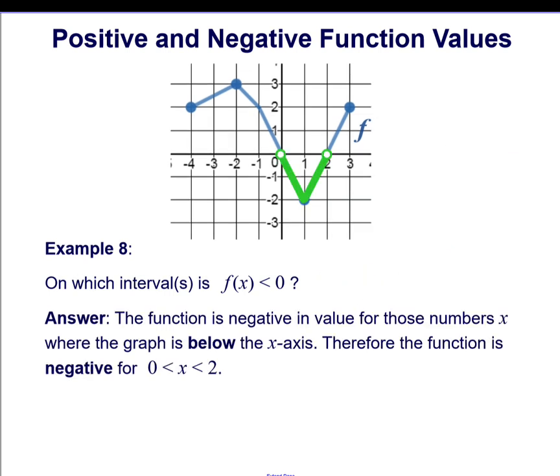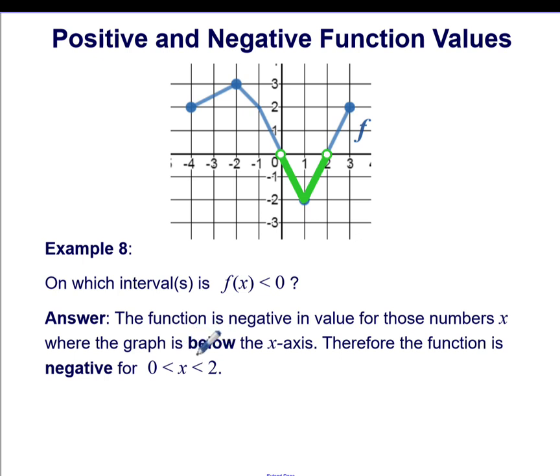So you'll see I highlighted in green the interval right here. It's a green V with open circles at 0 and 2. And here's what the answer is. The function is negative in value for those numbers x where the graph is below the x-axis. Therefore, the function is negative for x between 0 and 2. And the reason why you'll see it's not including 0 and 2, in other words, it's 0 less than x, x less than 2.